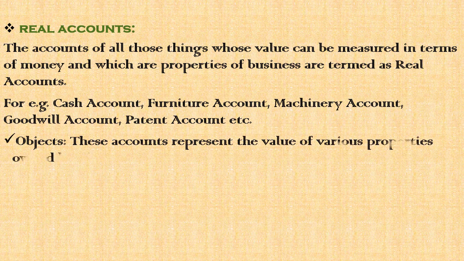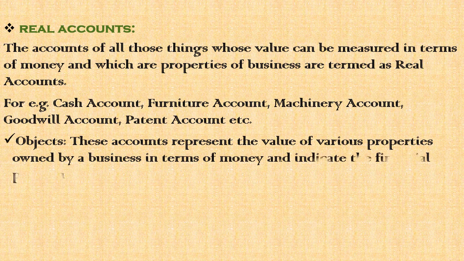Objects. These accounts represent the value of various properties owned by a business in terms of money and indicate the financial position of the business. So the object of the real account is to represent the value of various properties that you have in your business, which you can measure in terms of money, and to find out the financial position of your business.